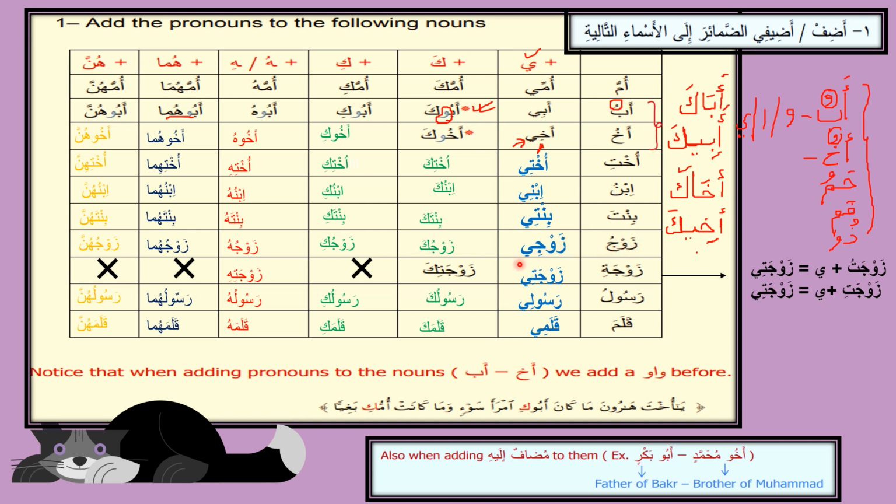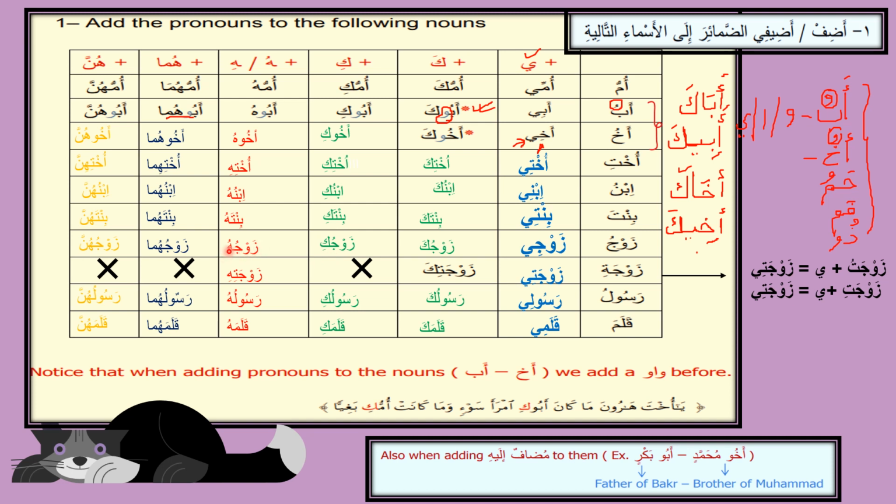Zawji, my husband. So here actually this zawj is for spouse. So zawji, forced to take a kasra. Zawjuka. Now you can see the ja is having its original haraka dhamma. That means it is in marfu case. Your husband, or zawjuki means maybe your wife.